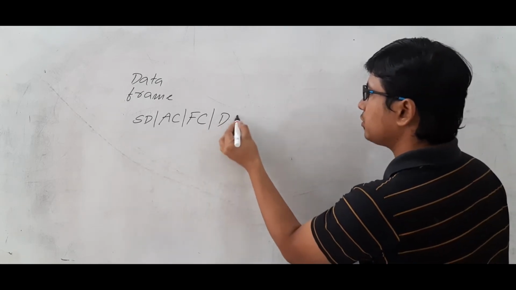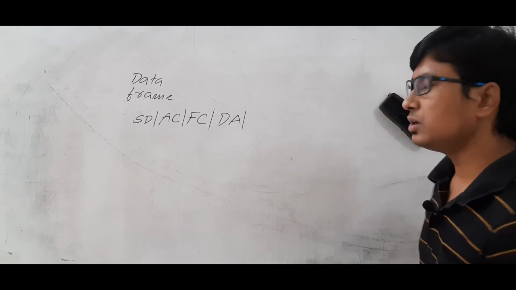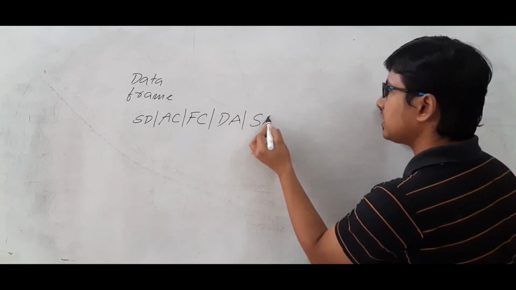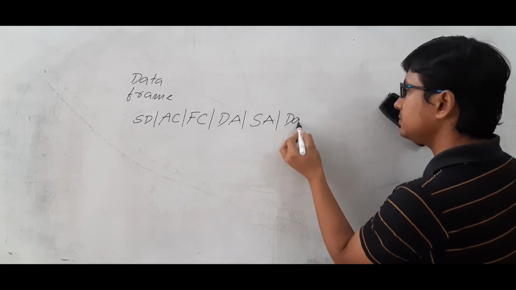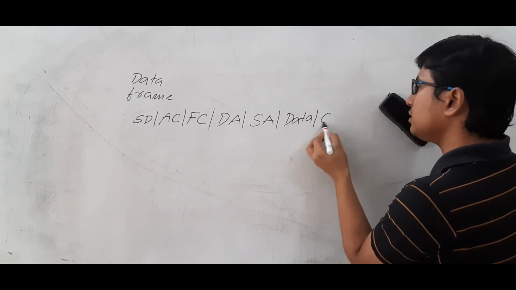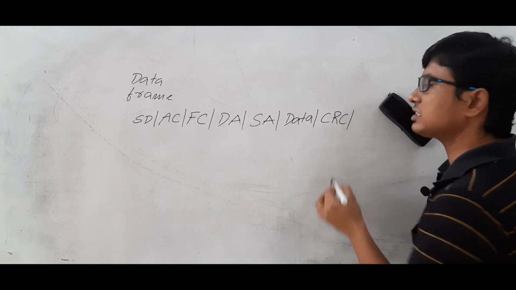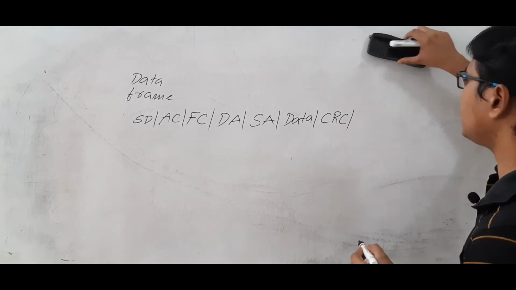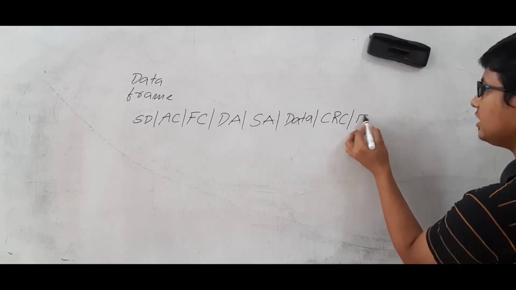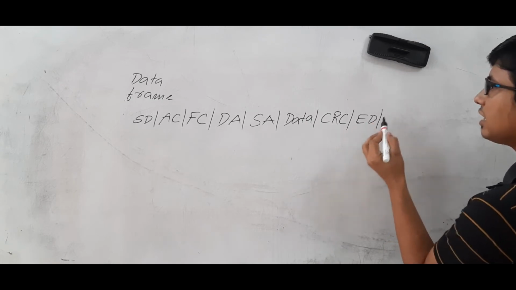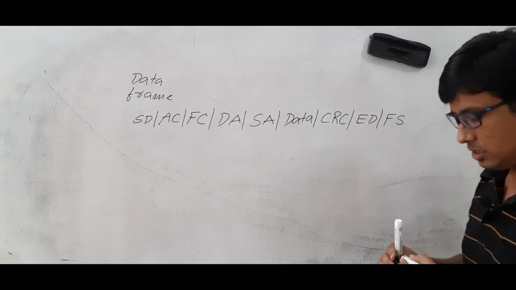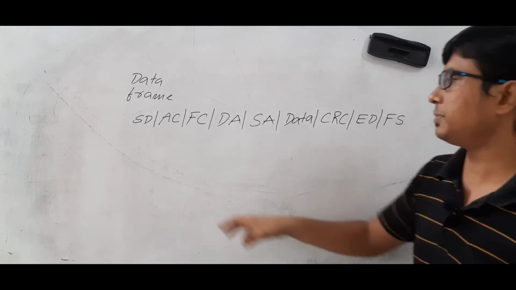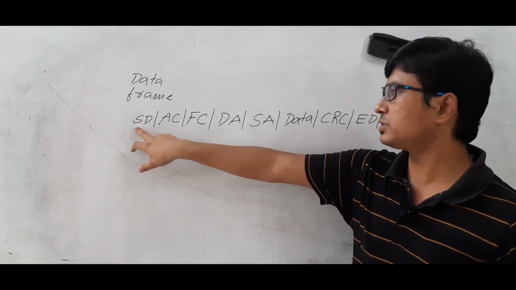Okay, and you have the destination MAC address, you have the source MAC address, and you have the data, you have the CRC for error detection, and we will have the end delimiter, and we will have the frame status FS. Okay, are you able to understand? Let me pronounce it again.